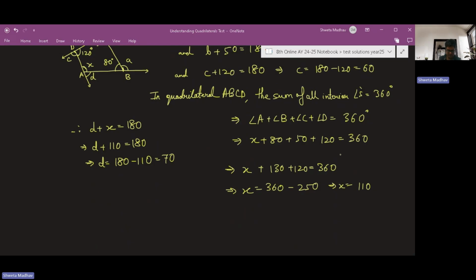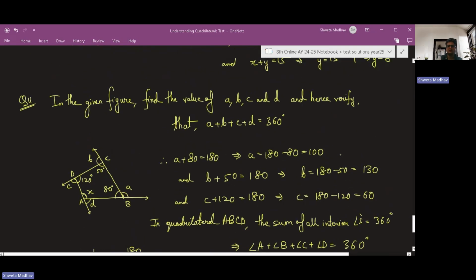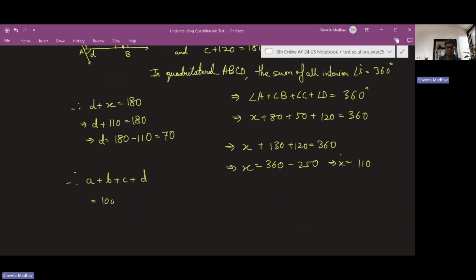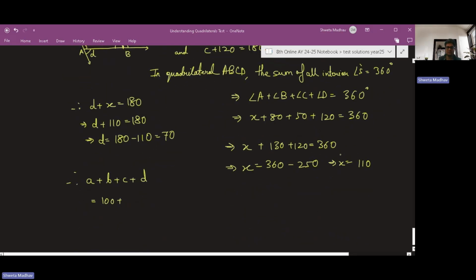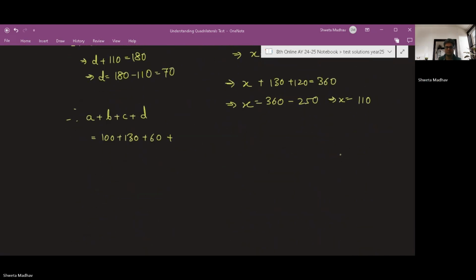So therefore now if we add the values of A, B, C, and D, then A we have found, that is 100. So A is 100 plus B is 130 plus C is 60, which we have found, and D is 70.